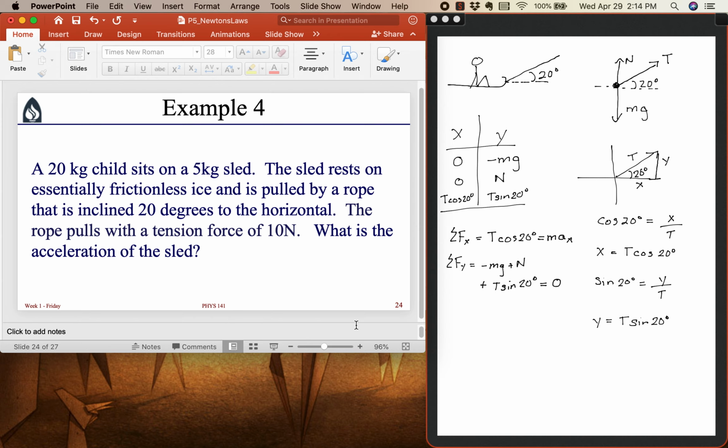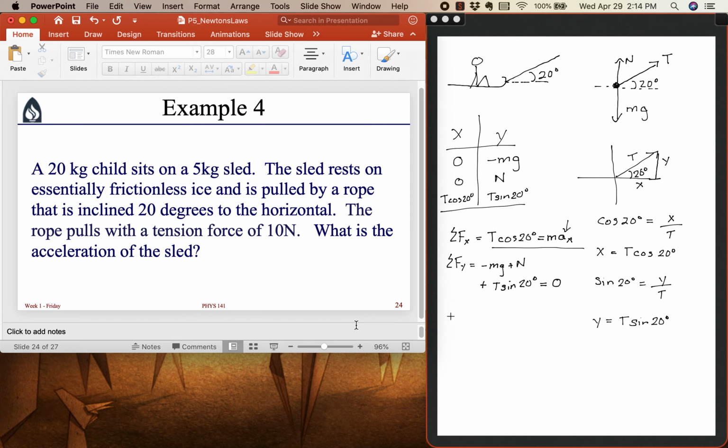So I can look at my motion equations that I have here and think about what I am trying to solve for. I want to know the acceleration of the sled. I want to know the acceleration in the x direction. I know the mass of the child plus the sled, and I also know the tension force of the rope. So it looks like just using this equation, I have enough to solve for the acceleration of the sled.